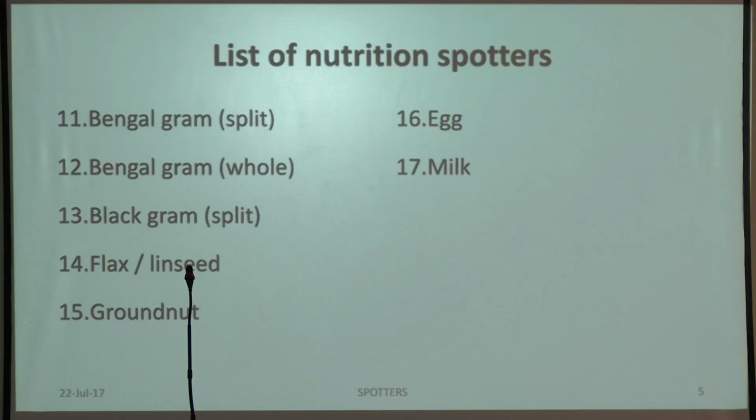And obviously milk. So you have to remember at least 12 to 13, and obviously groundnut. You have to remember how all this looks. I think all of you know how it looks, that is not the problematic part for nutrition spotters.